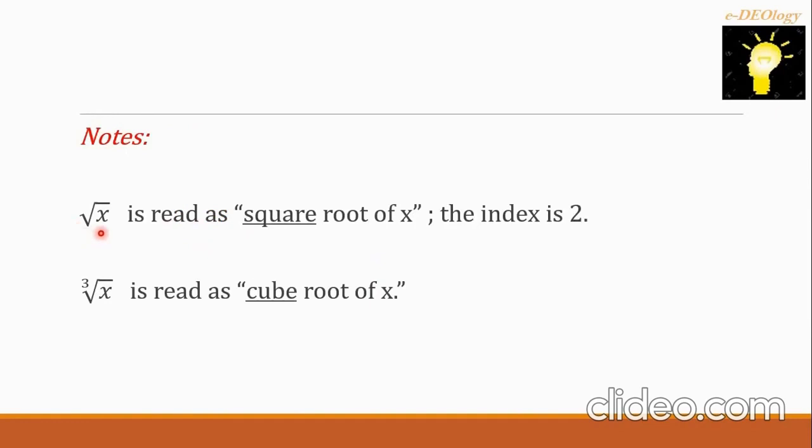The symbol like this is read as square root of x, and the index is 2. Another, the symbol like this is read as cube root of x. Obviously, the index is 3.